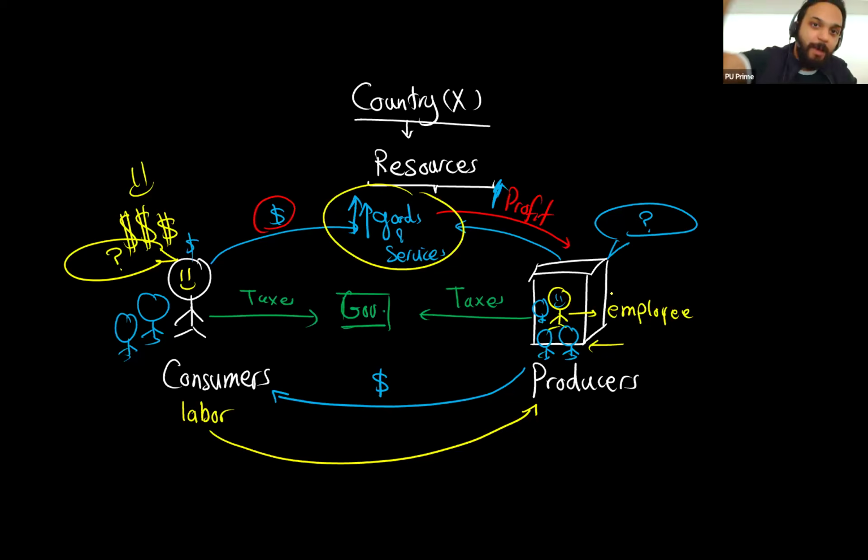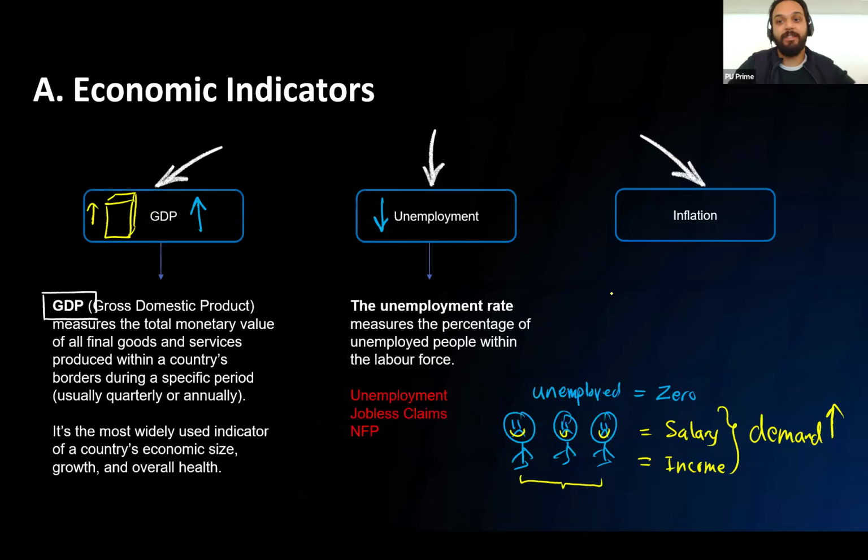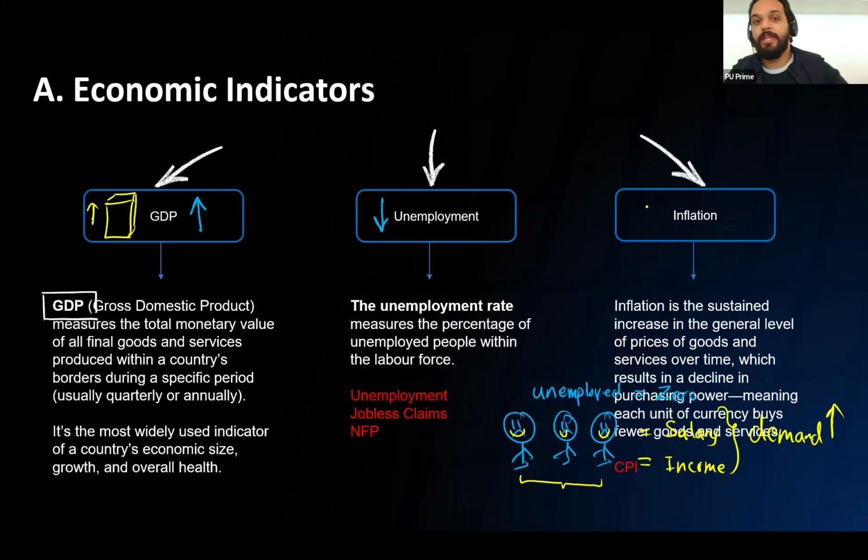I need to increase my prices. So instead of selling the item for $100, I'm going to sell it for 120, or 130, to make profit because my cost has increased, right? So if the cost has increased, and people have a lot of money because of high demand, this is going to lead to high inflation.